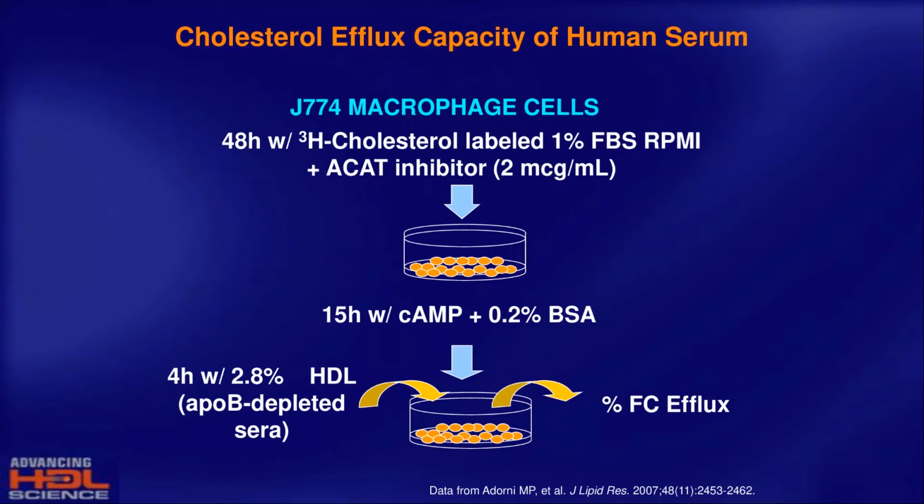And then they're giving cyclic AMP to upregulate ABCA1, and then they're incubating these cells, exposing them to the HDL particle from ApoB depleted serum. And then they're looking at the amount of cholesterol coming out of those cells, which is a percentage free cholesterol efflux.